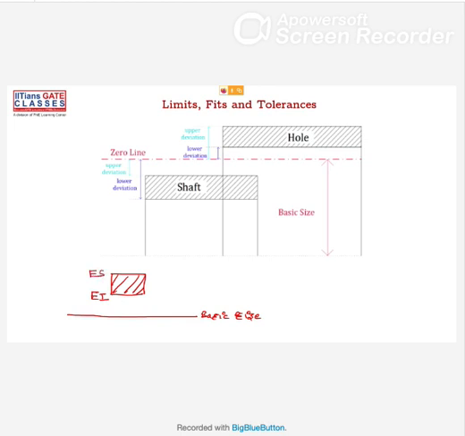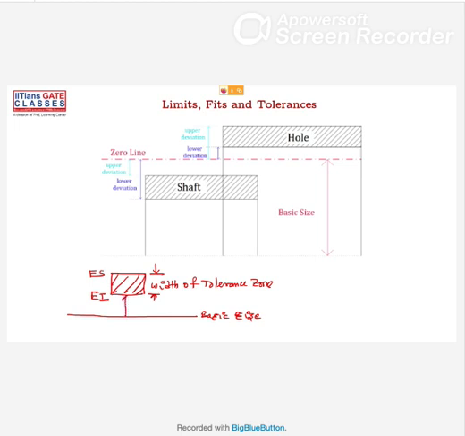And as I am writing capital, it represents the hole. So this is what is called your width of tolerance. The upper limit minus the lower limit is the tolerance, the width of the tolerance zone, and whatever variation is happening from the basic size.